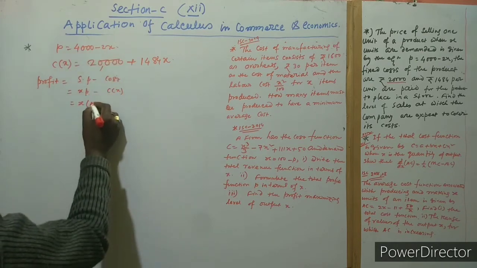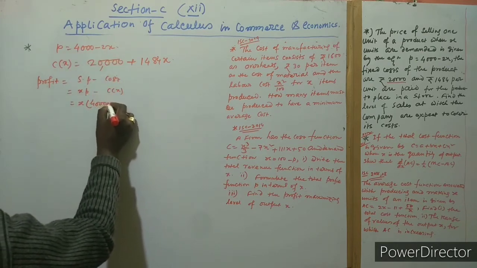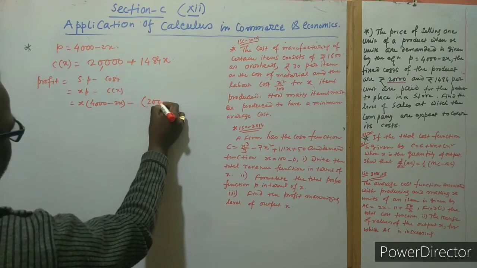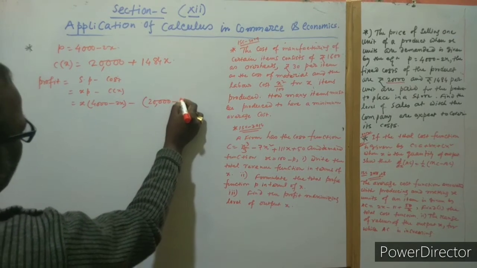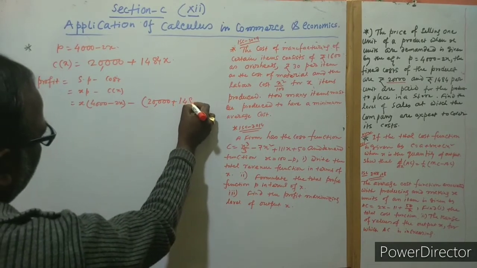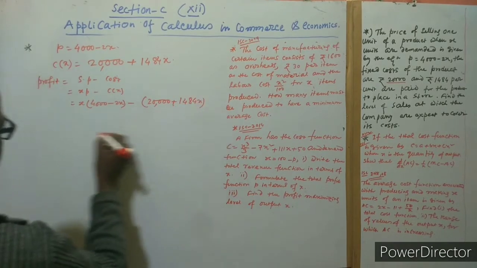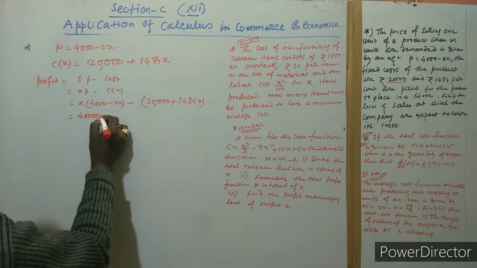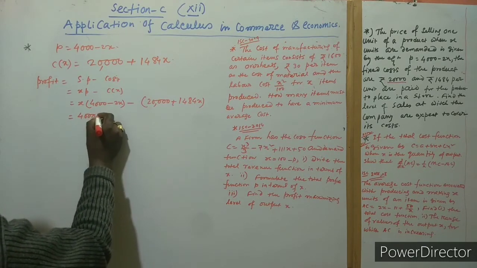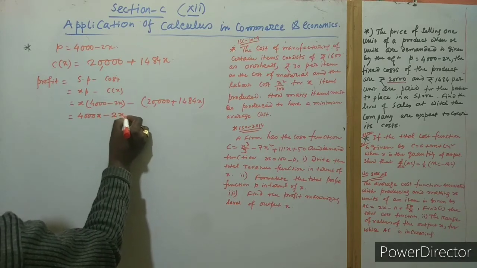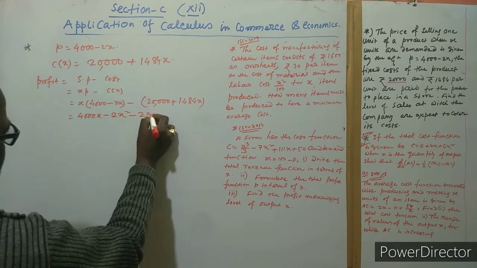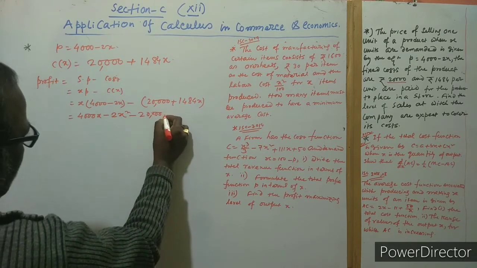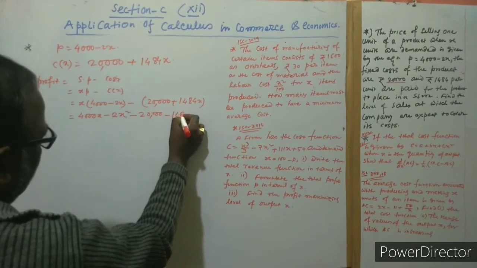And the demand function is there, 4,000 minus 2x here, and C of x is this, plus 1484x is here. Now this is 4,000 into x minus 2x square, and this is here 20,000 minus 1484x.